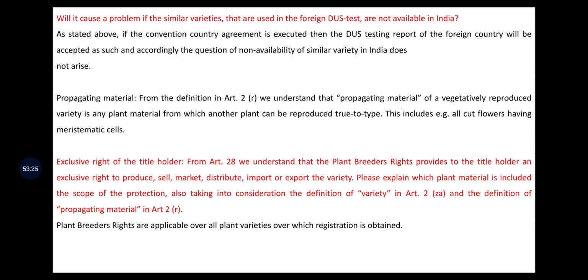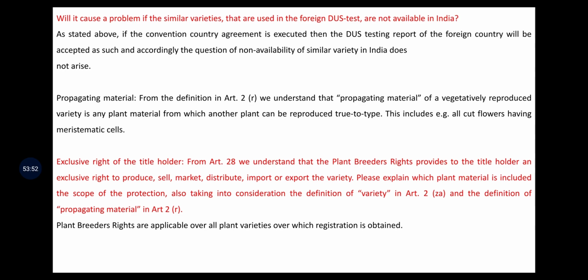Will it cause a problem if the similar varieties that are used in the foreign DUS tests are not available in India? If the convention country agreement is executed, the DUS testing report of the foreign country will be accepted as such, and accordingly the question of non-availability of similar varieties in India does not arise.